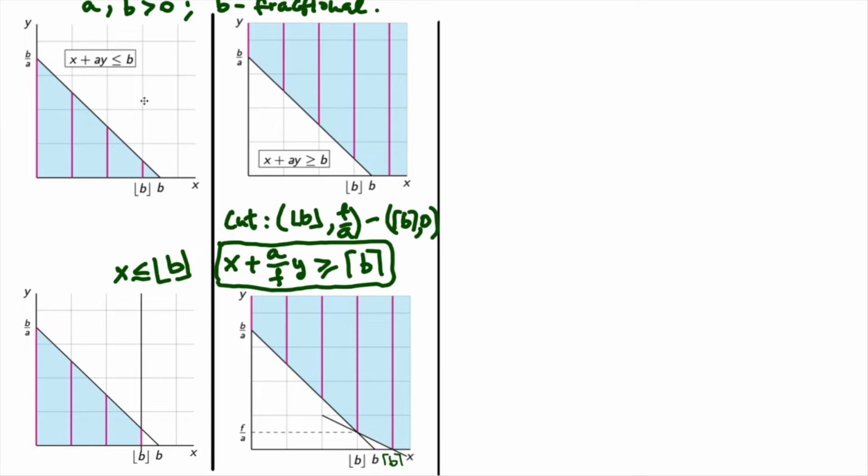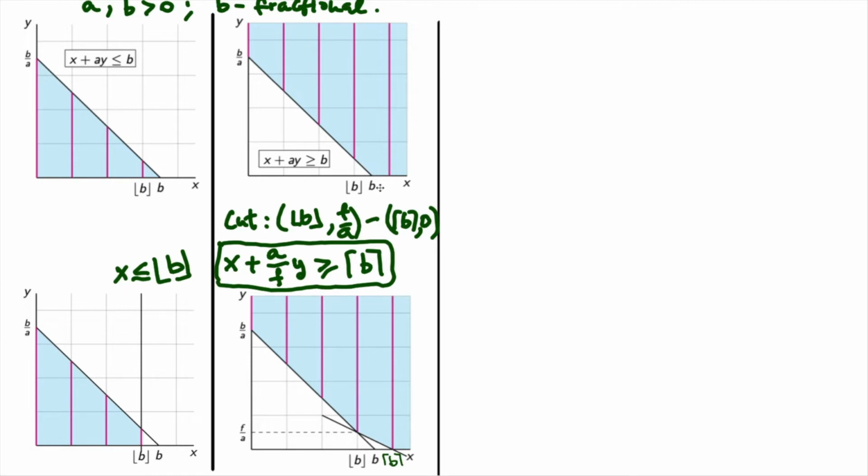This situation is a little more interesting. We have two corners here. One is feasible because we don't need to worry again about the integrality of y, it is a continuous variable, and this corner is not feasible because b is fractional and we need to have integer x.